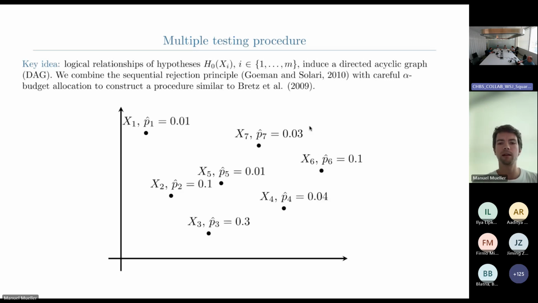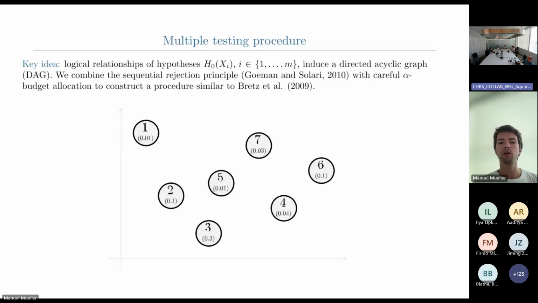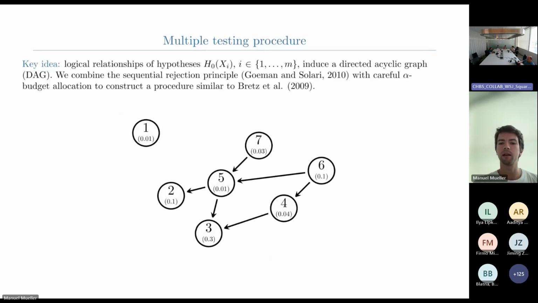And then the nice thing here is that these local null hypotheses follow a logical structure. Some of them implicate others. And so what we do is an instance of the sequential rejection principle, closely related to the work Frank Bretz did 15 years ago, where we take the alpha budget and allocate it in a smart manner within our hypotheses and do localized comparisons between p-values and the local alpha budgets.